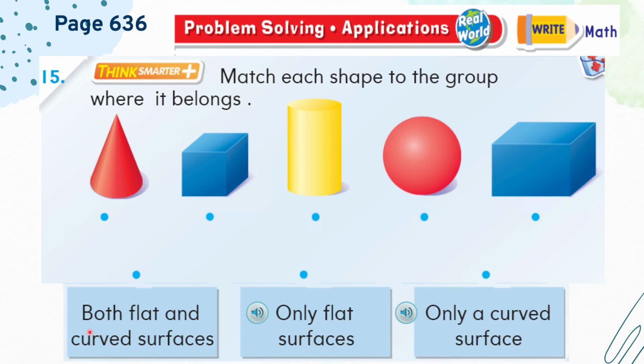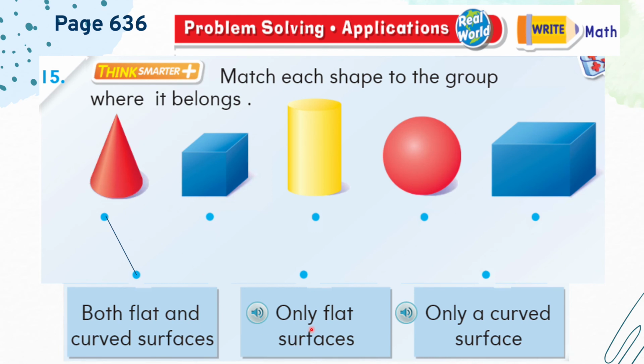So let's look at the shapes which have both flat and curved surfaces. Can you spot any three-dimensional shape from this group? It's the first one, the cone. You will see that the cone has a flat as well as a curved surface.